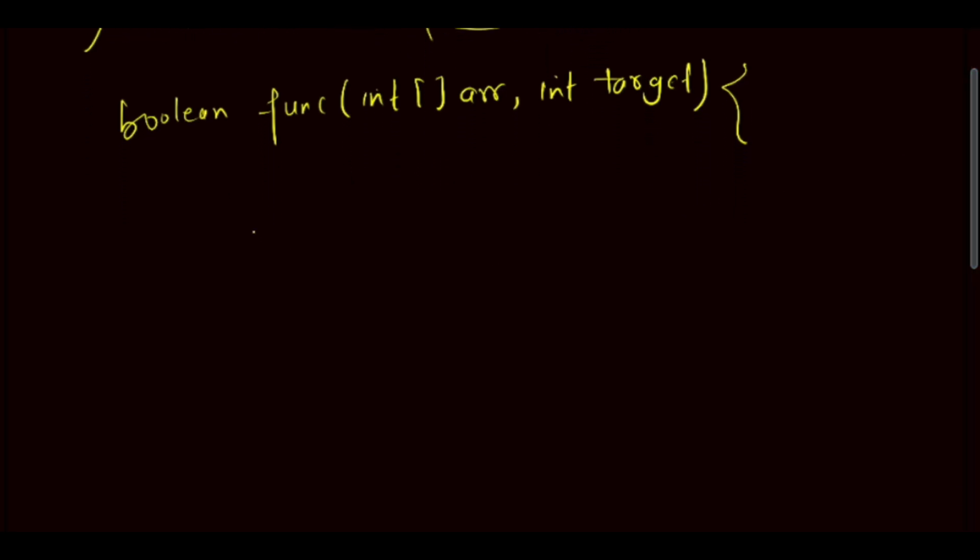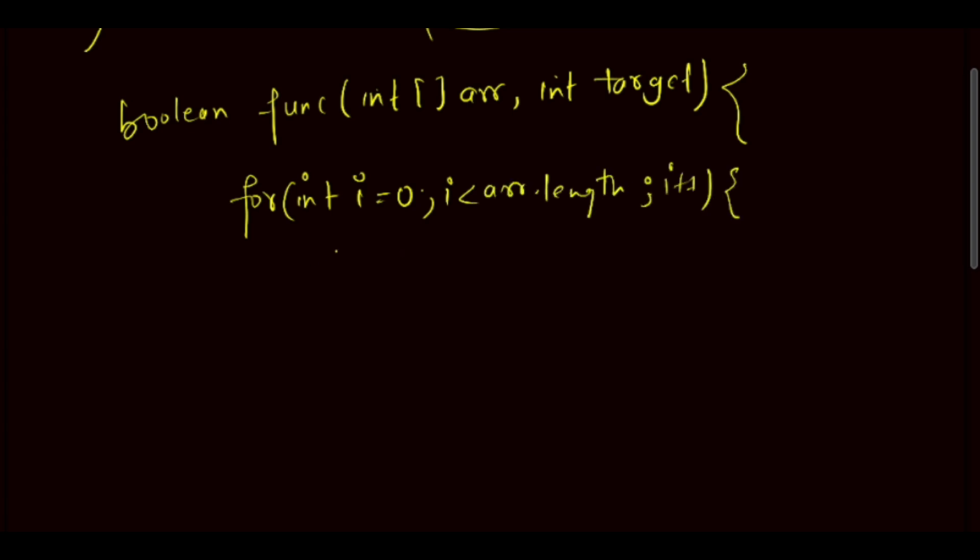So what we do is we create a loop: for int i equals 0, i less than array length, i plus plus, and we compare the current element to the target. Now, if you encounter any such situation, you return true from here.